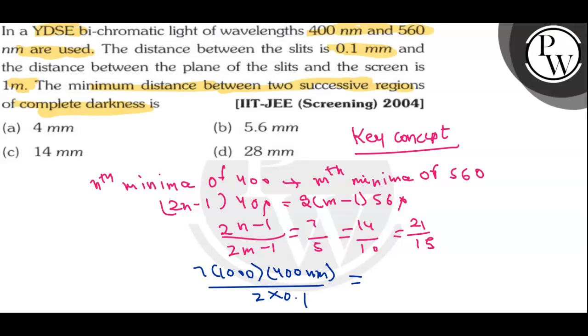If we solve it, this is equal to 14 millimeter. This is the value for the fourth and third minima.